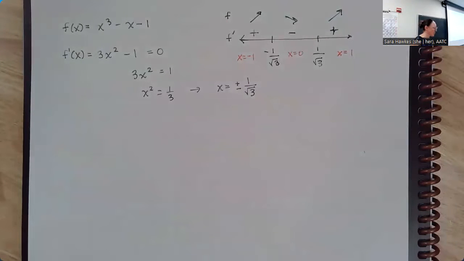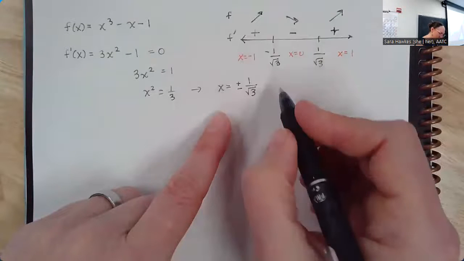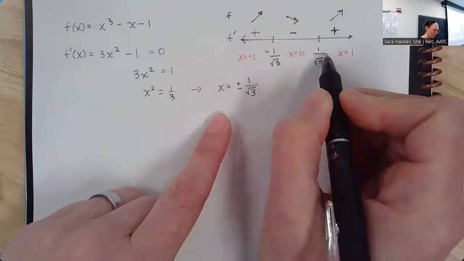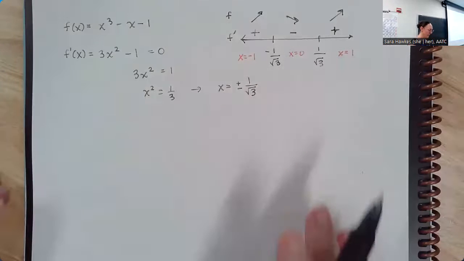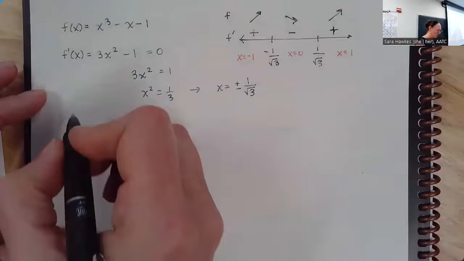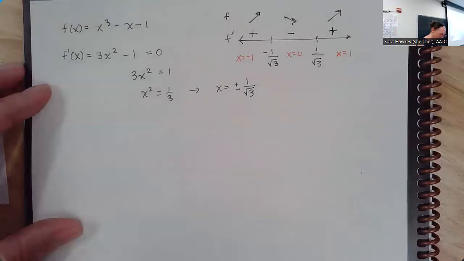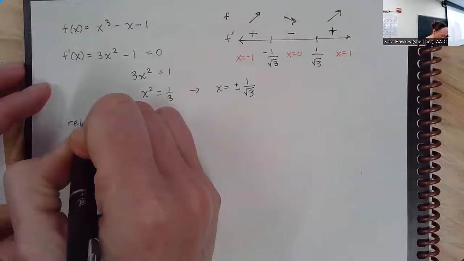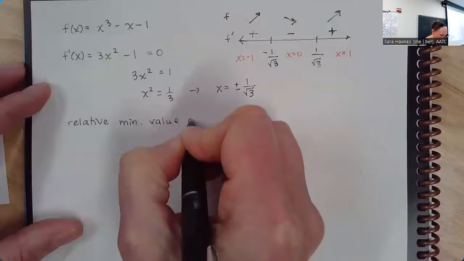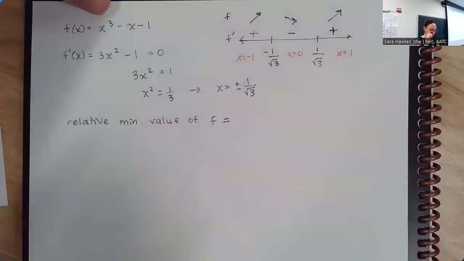And that also means that I've got a relative maximum when x is negative 1 over root 3 and a relative minimum when x is 1 over root 3. To be careful about the question the way I have asked it, I've asked for the relative minimum value of f, not the x. So the relative minimum value of f is, and I'm taking that and plugging it into the original function.